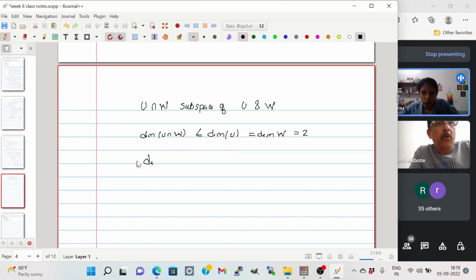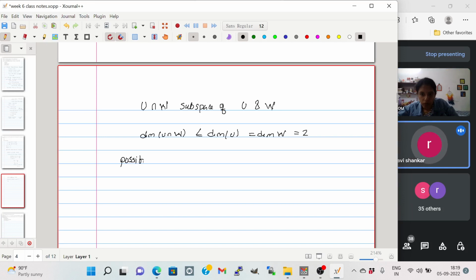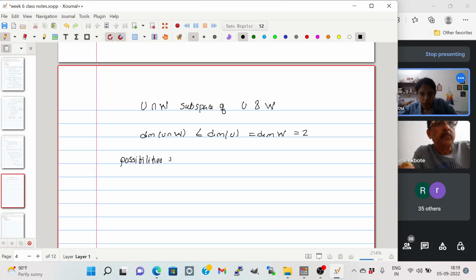So what are all the possibilities of dimension of U intersection W? Possibilities are 0, 1, 2.